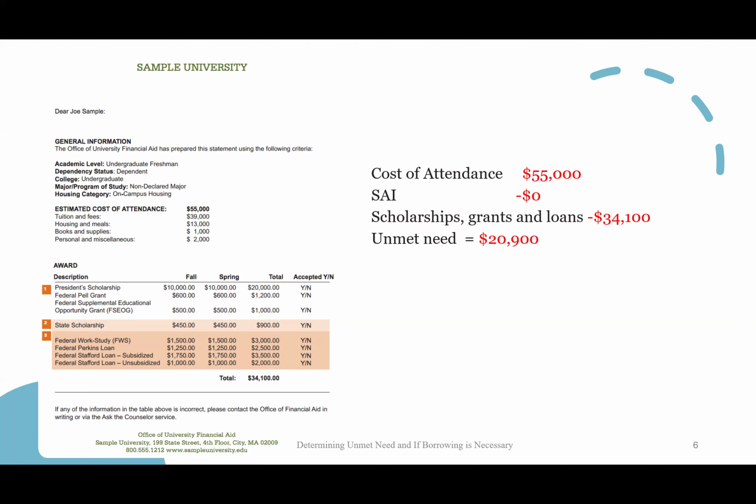Below that is what this student is receiving in award amounts. As you can see, it describes the different types of grants and the different types of scholarships along with loans. It breaks down two semesters, the fall semester as well as the spring semester, with each of the amounts for the scholarship and the loans.